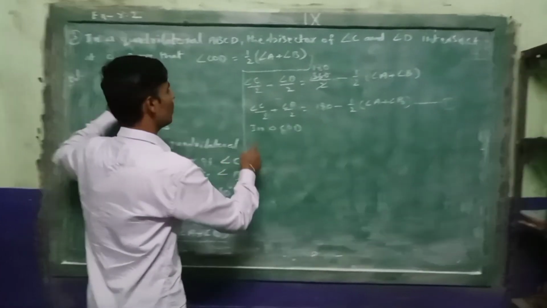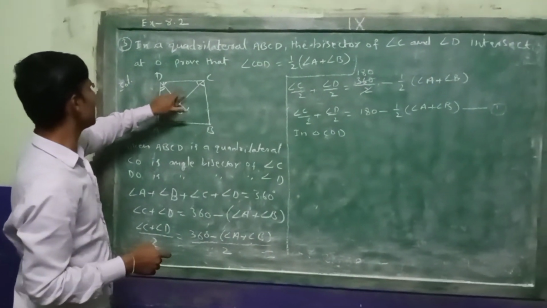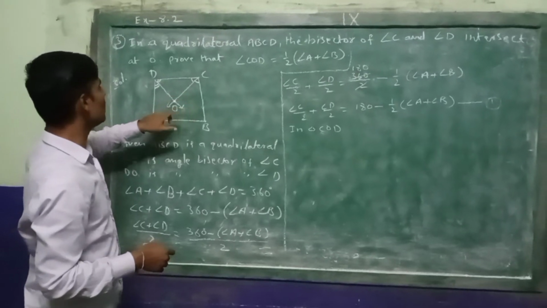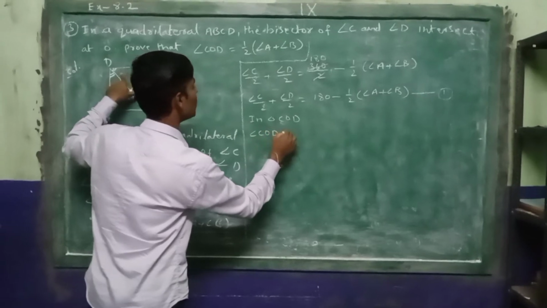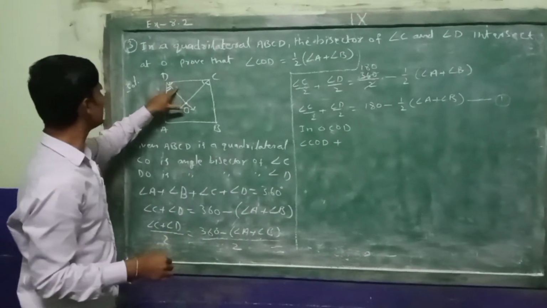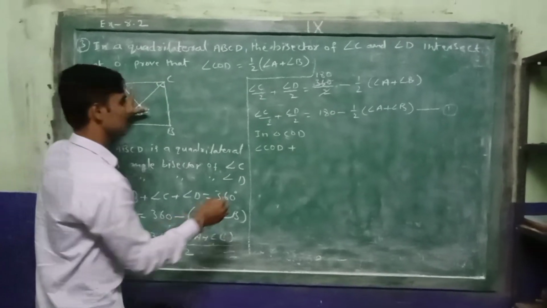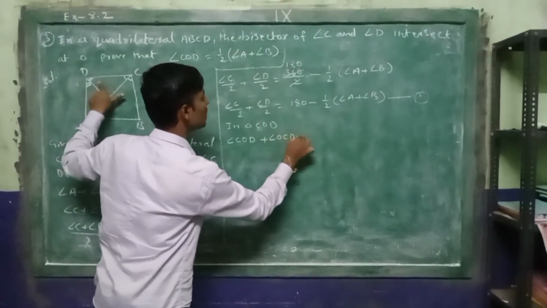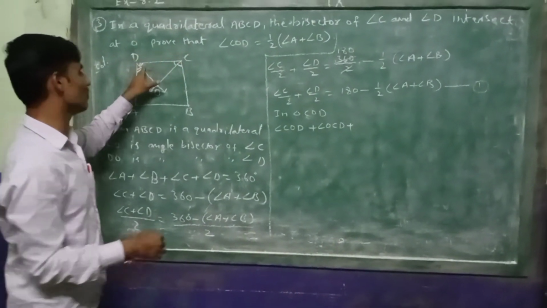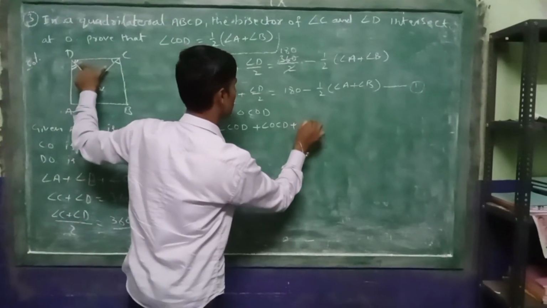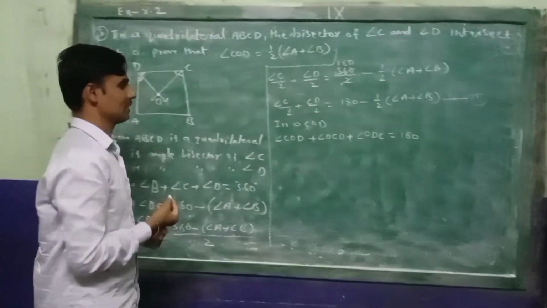So in triangle COD, we can write angle COD plus angle OCD plus angle ODC equal to 180 degrees.